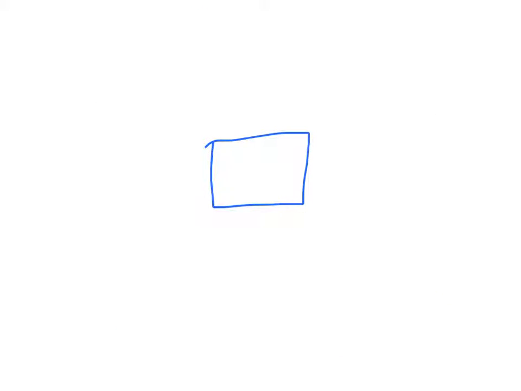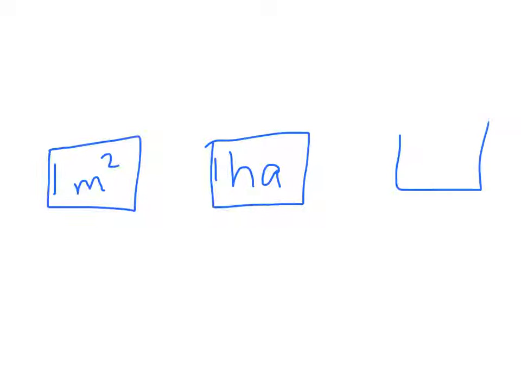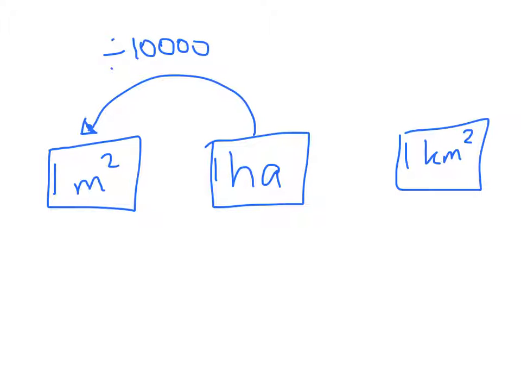In the middle we've got the hectare, which is HA. Over here we've got 1 metre squared, and over here we've got 1 kilometre squared. To go from hectares to metres squared, we multiply by 10,000. To go the other way around, from metres squared to hectares, we divide by 10,000.